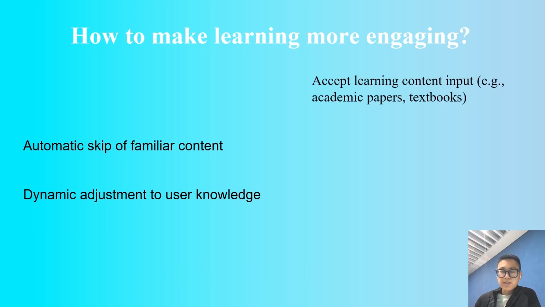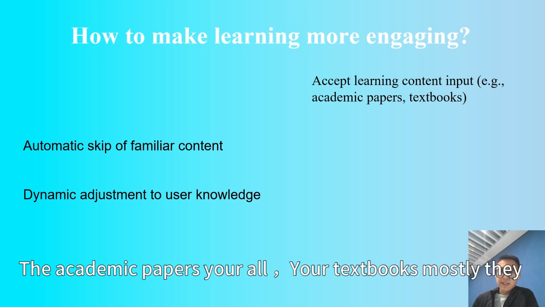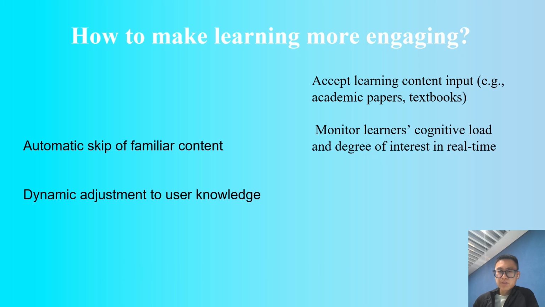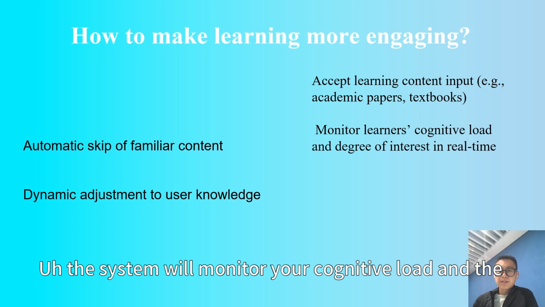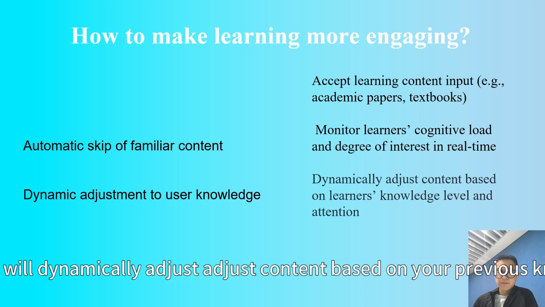First you put some learning content into the system, such as academic papers or textbooks. Mostly they are a little bit boring. And the system will monitor your cognitive load and degree of interest in real time.